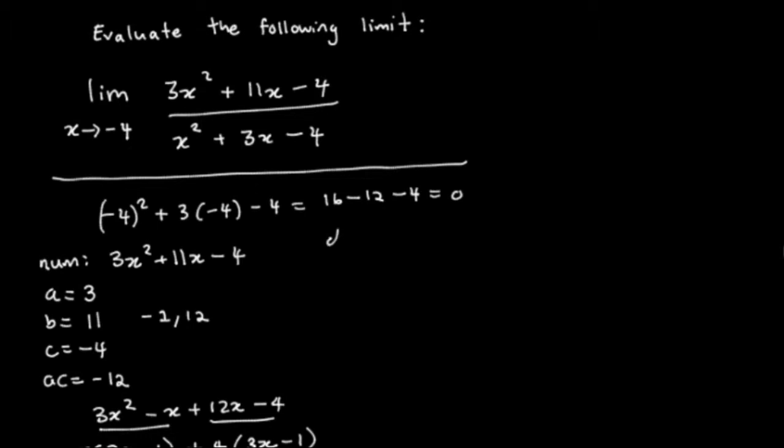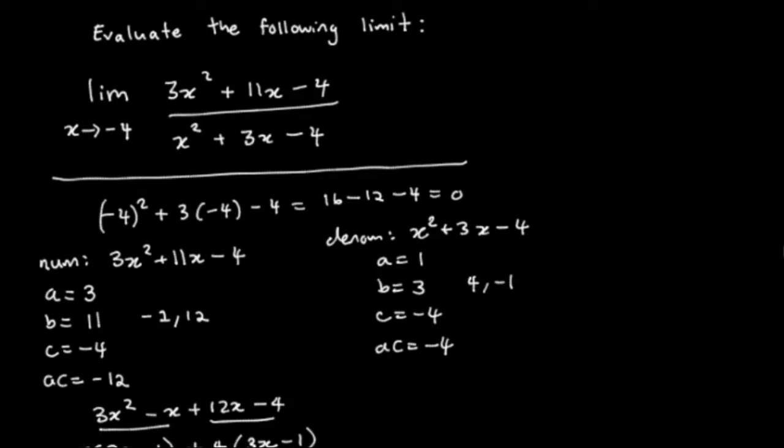Let's do the same thing for the denominator. We get x squared plus 3x minus 4. A here is 1, B here is 3, C here is negative 4, AC here is negative 4. Two numbers that multiply to negative 4 that add up to 3. So we could basically do 4 and negative 1.